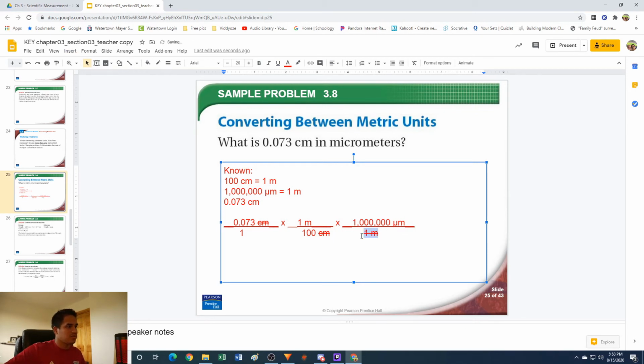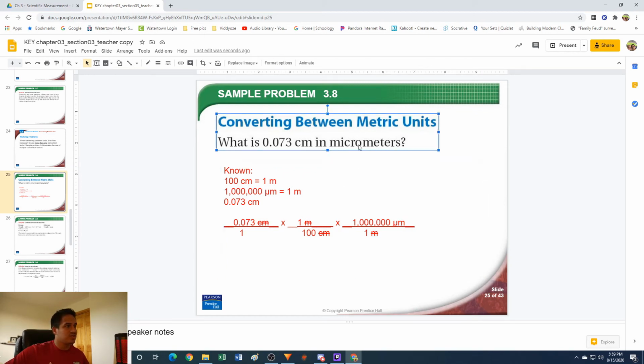So 1,000,000 micrometers over 1 meter, and now we have 1 meter on the top and 1 meter on the bottom. So meters will cancel out. And now the unit we have left is micrometers, which is exactly what the problem wants as the final answer.